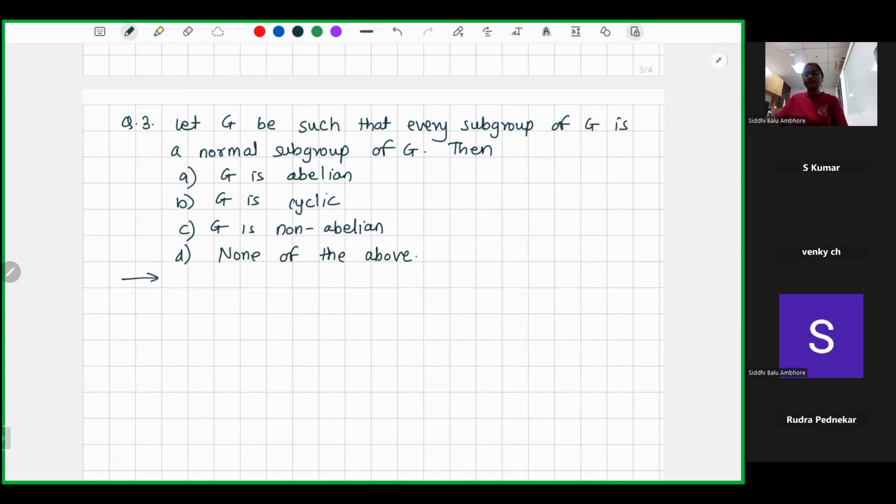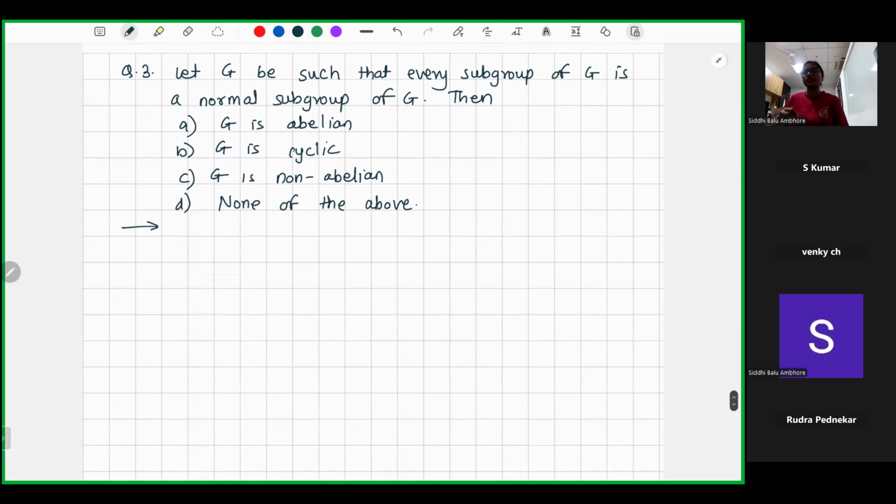So what they have given is that G is a group such that every subgroup of G is a normal subgroup of G. Okay, so what is a normal subgroup?